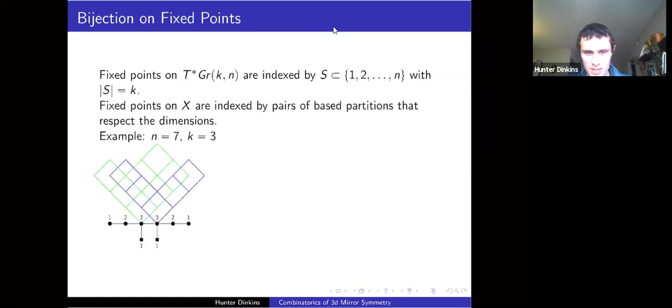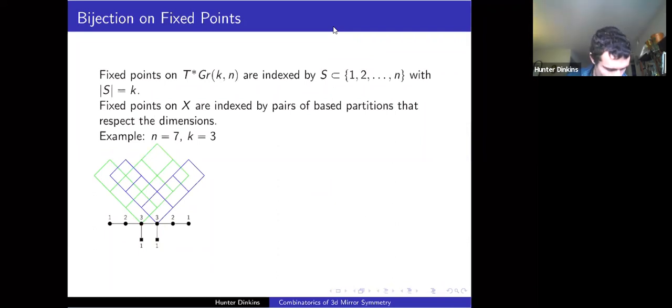So if n is 7 and k is 3, this is the quiver data that we have. Each framing generates us some sort of partition, and we think about the partitions as being tilted up on their side. And so we'll get two partitions because we have two framings, and the condition that we need is that the total number of boxes above any given vertex is equal to the dimension on the vertex.